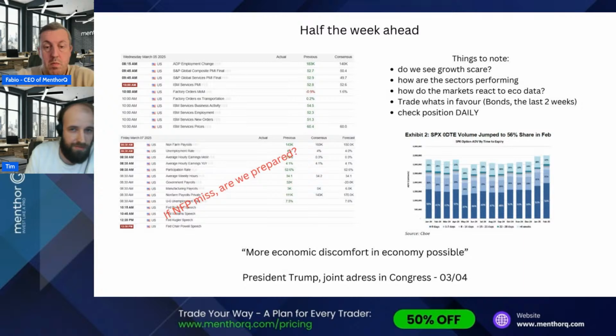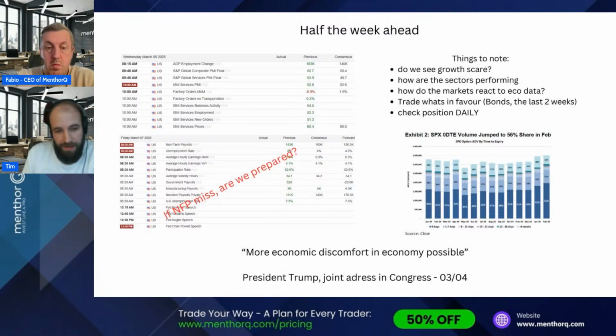I know they always say monetary policy and politics are divided, but we all know they kind of go together. So yeah, could bring some volatility on Friday as well.